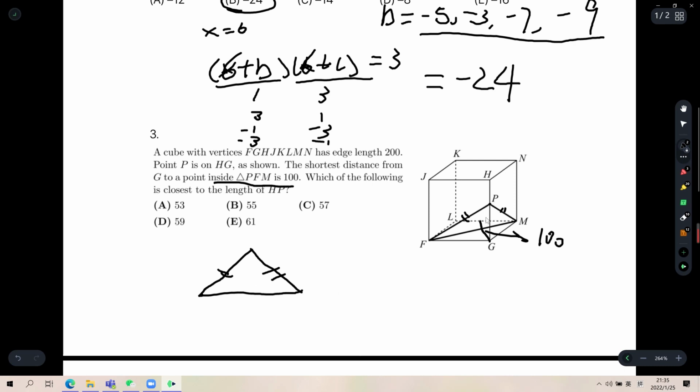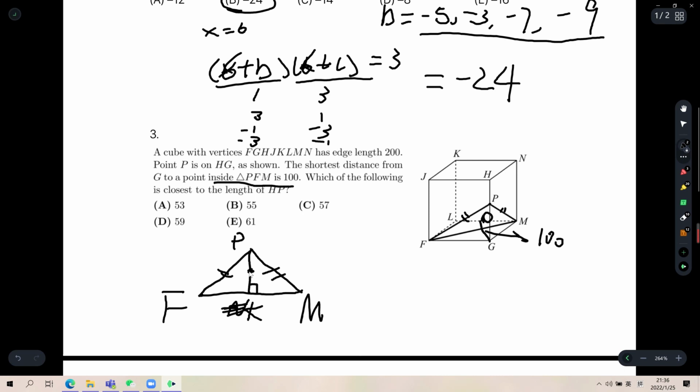Because this triangle is an isosceles triangle, we can make a perpendicular line from P, and we can know that this line GO, the point O, is on the line PK. Oh, N is being used, so PK is fine.